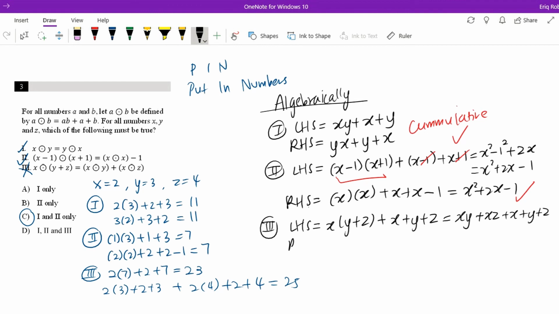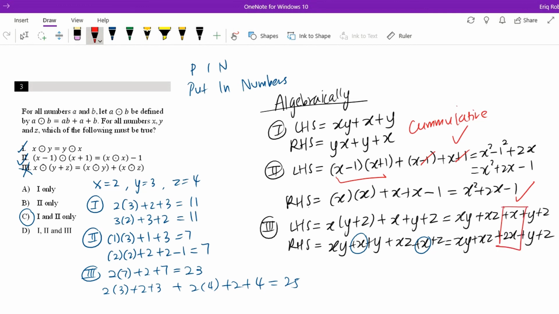And on the right hand side, we have xy plus x plus y plus xz plus x plus z, which gives us xy plus xz, then plus 2x, then plus z plus z. And as you can see, the two of them are not the same. Therefore, equation 3 is not true.